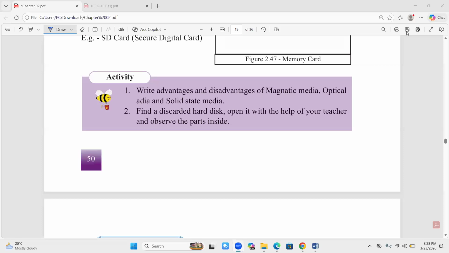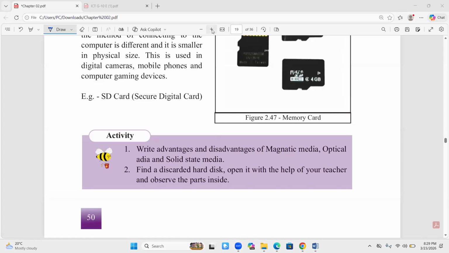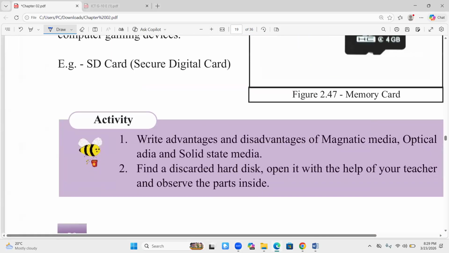So in the next tab, we have an activity. Now you can see that activity. There are two questions in this activity. The first one: write advantages and disadvantages of magnetic, optical media, and solid state media.